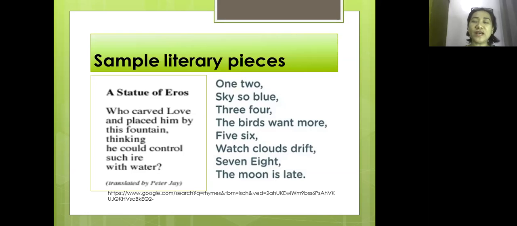But I want to point out that beautiful literary pieces are not rhyming all the time, but they're also good, just like this one. And good literary pieces also have different structure or are free in structure, just like the statue of Eros. Okay, you can predict this one after my presentation.